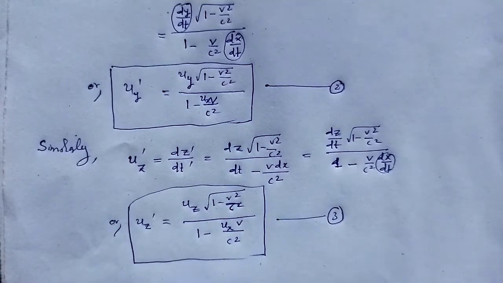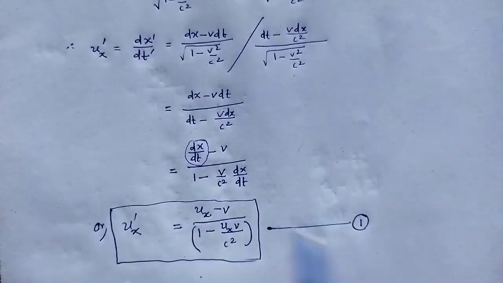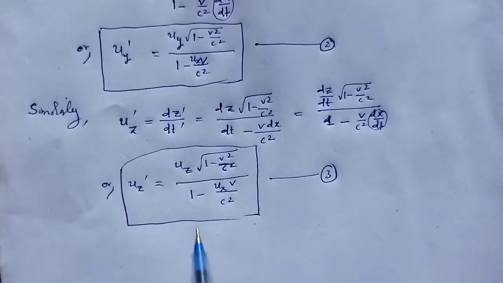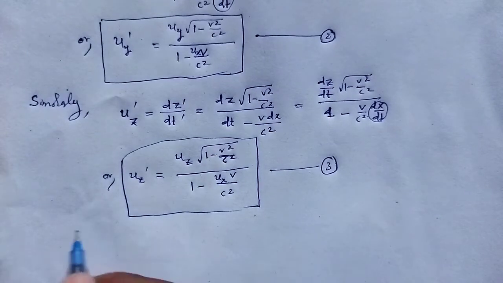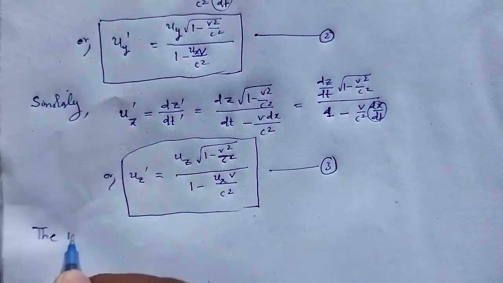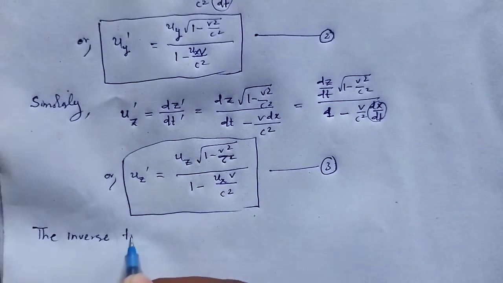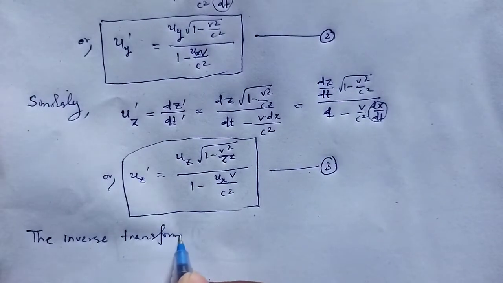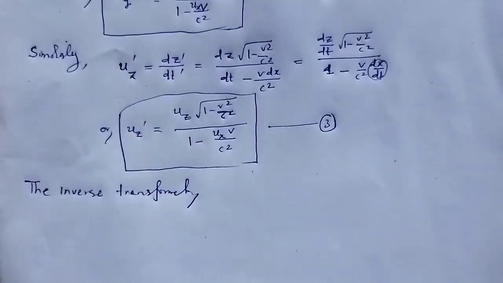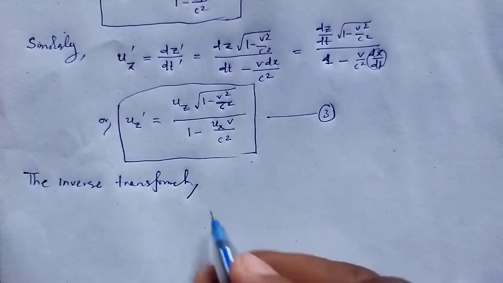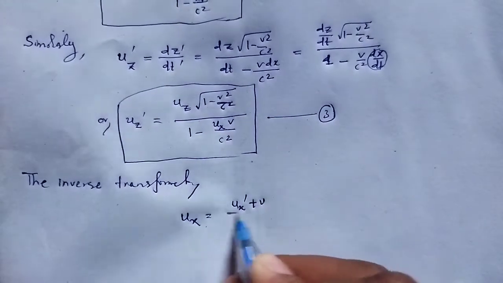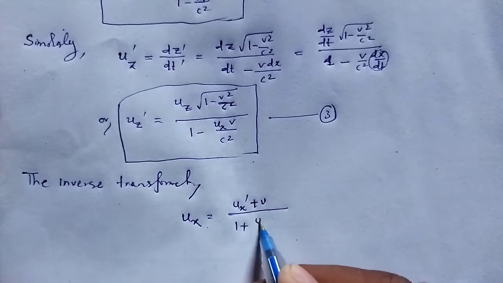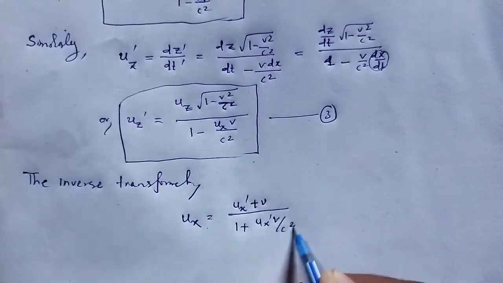Here we find the transformations as ux dash, uy dash and uz dash, but the inverse transformations look like this. The inverse transformation will be: ux is equal to ux dash plus v divided by 1 plus ux dash v divided by c square.